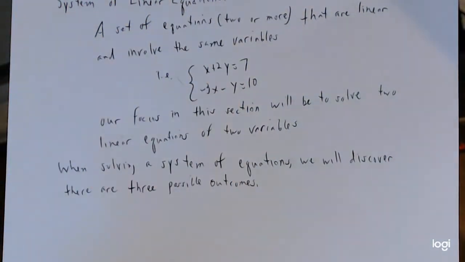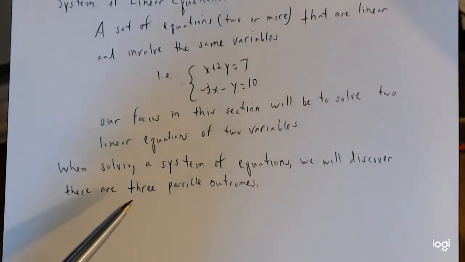What I mean by that is, it's not like before we solve it we'll know exactly which one of the three outcomes it will be. As we're solving it, it'll become more apparent which one of the three possible outcomes it is. So it's going to take on one of the three cases, and we'll break down all the possible cases we'll have when we're solving.